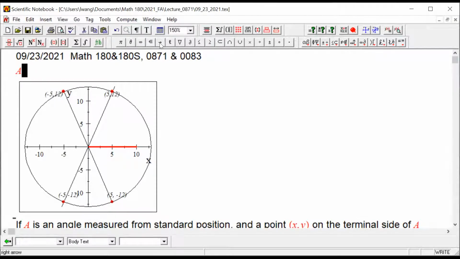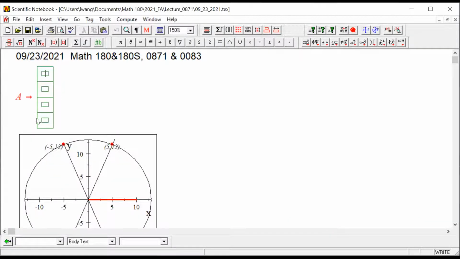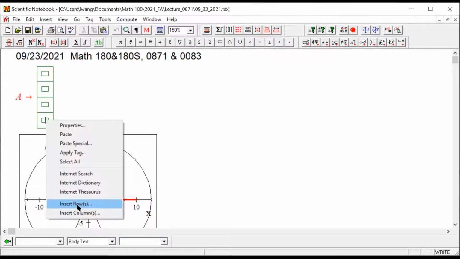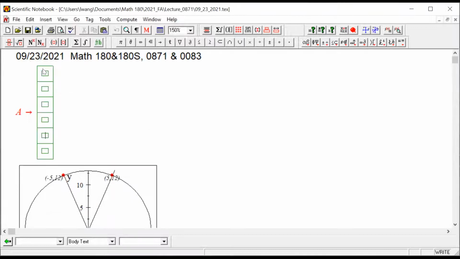Understand this angle is so important because it is the input to all of the six trig functions: sine of A, cosine of A, tangent of A, cotangent of A, cosecant of A, and secant of A.